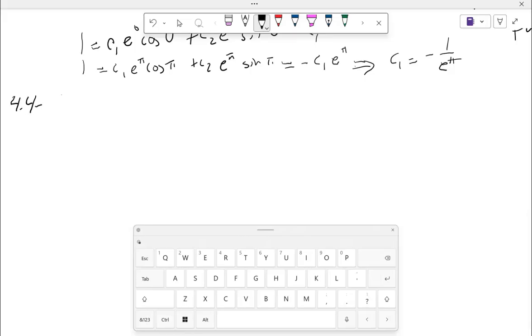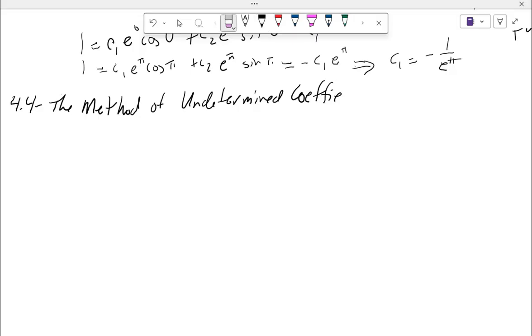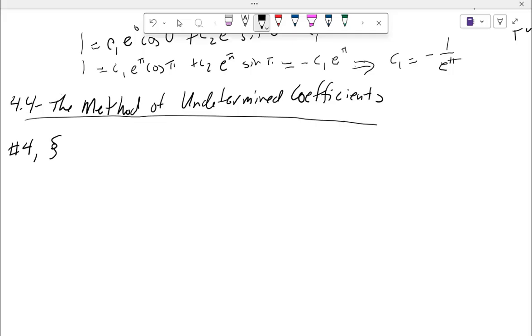This is not the title your book gives it, I'm just going to call it the method of undetermined coefficients. Rather than going through a long-winded description of what's going on, let's just talk about what the process is. So this is number 4 in section 4.4.